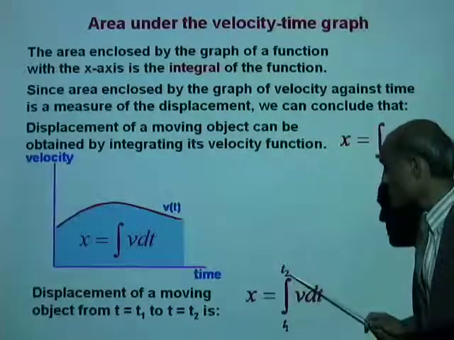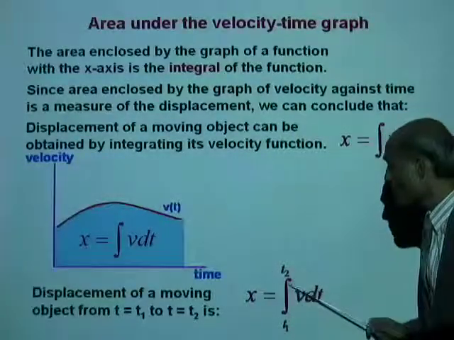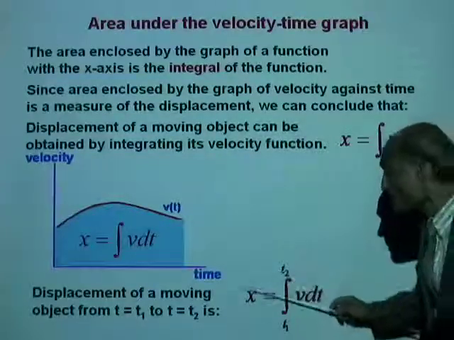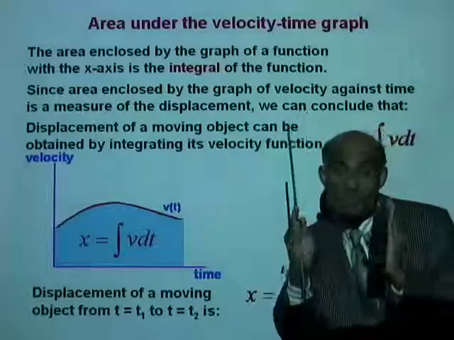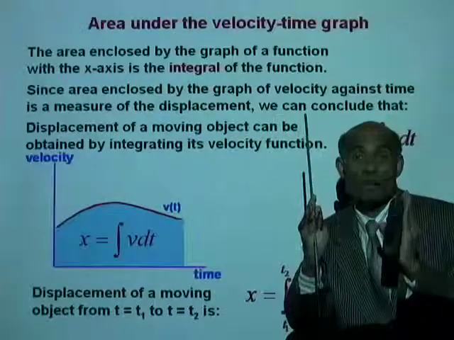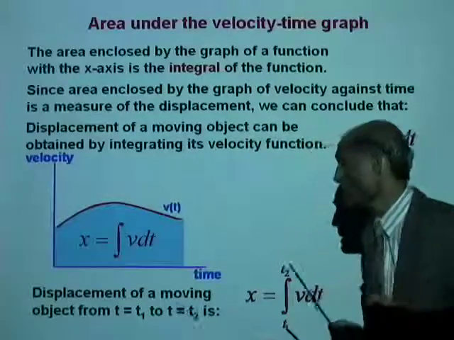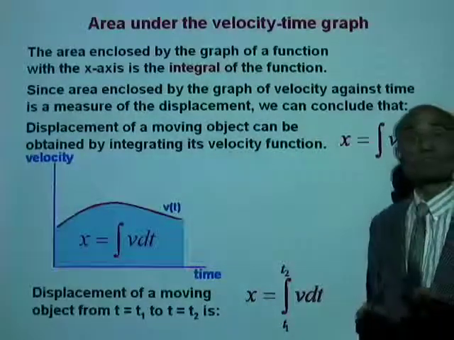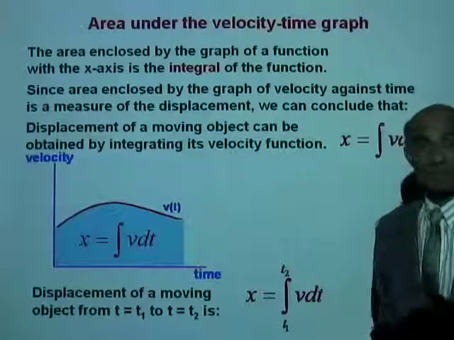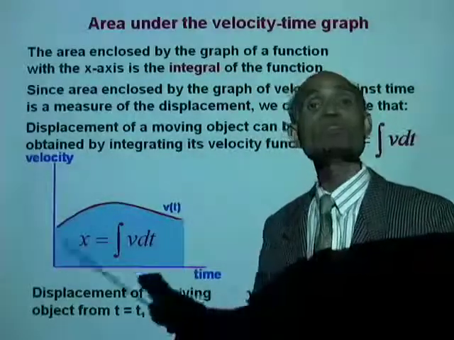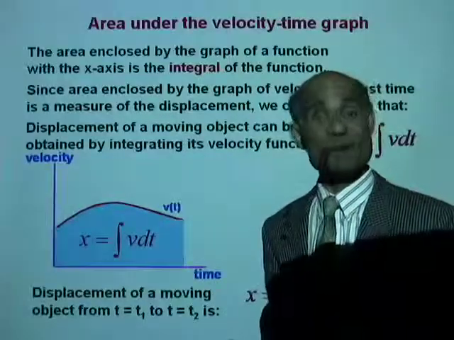So x equal to integral from t1 to t2 of v dt. That will give you the displacement of a moving particle from t equal to t1 to t equal to t2. Okay? Well, that's very important information, and we will be using it as we move on.